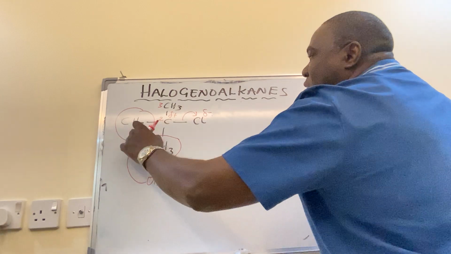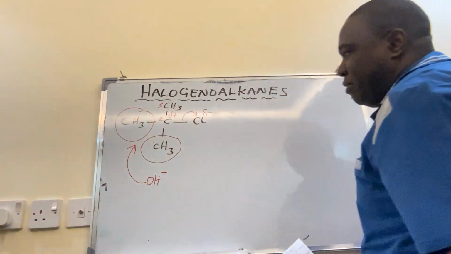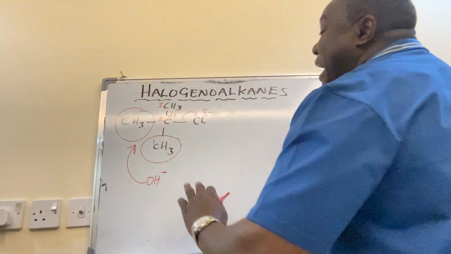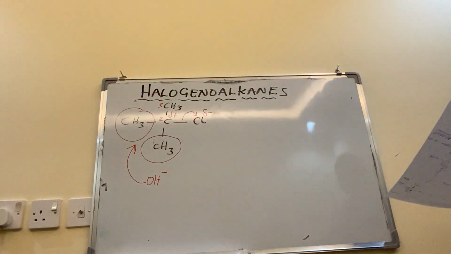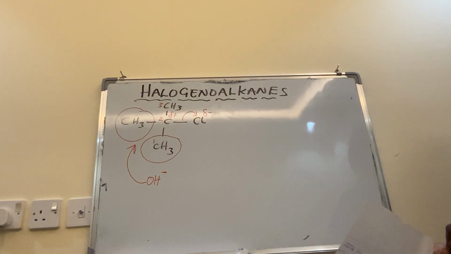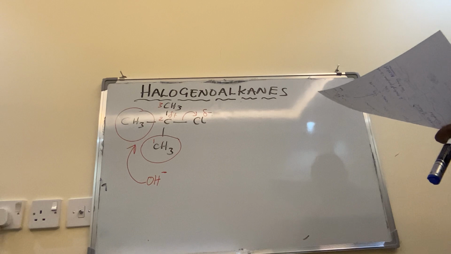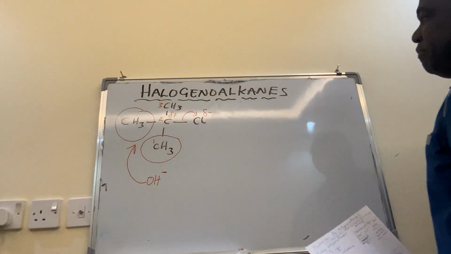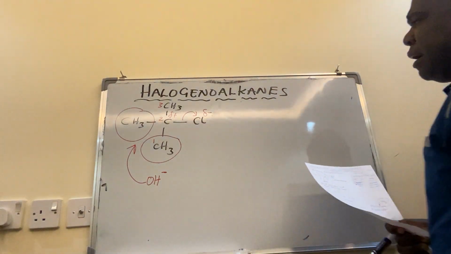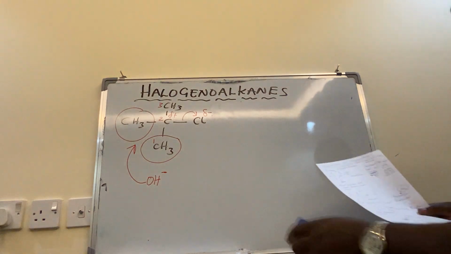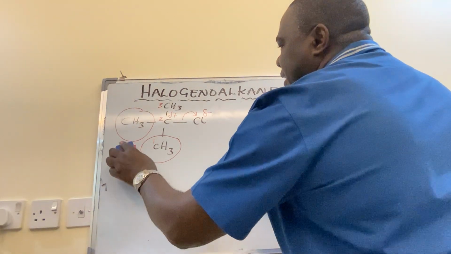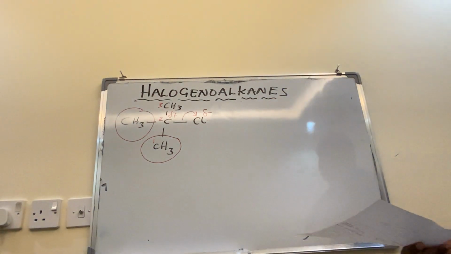From that side, not possible because of steric hindrance. CH3 are bulky groups, so the OH is not going to be able to access our carbon center. So we have to suggest another route.